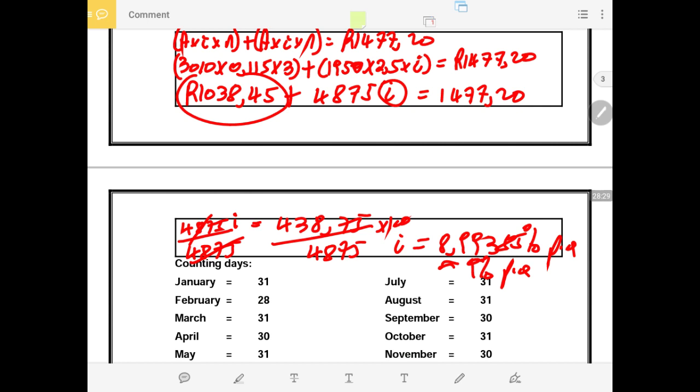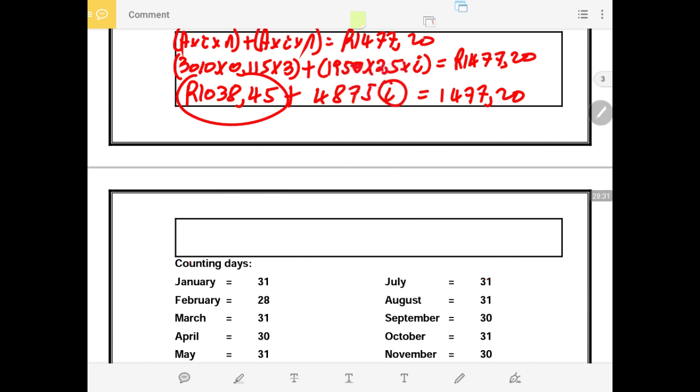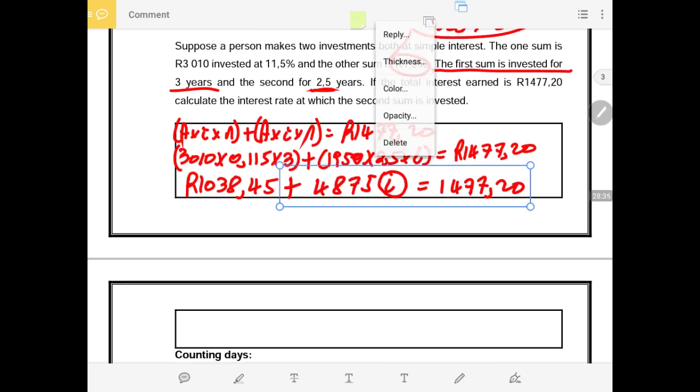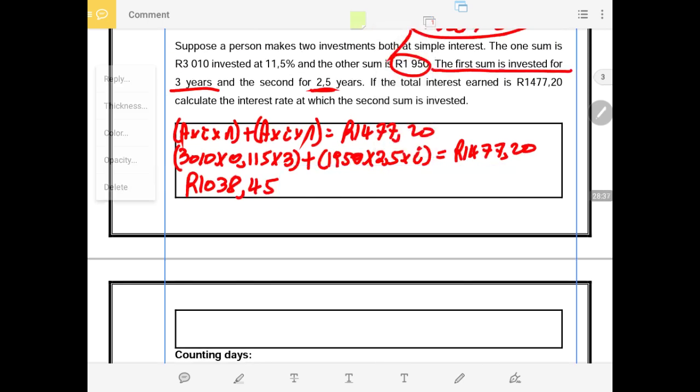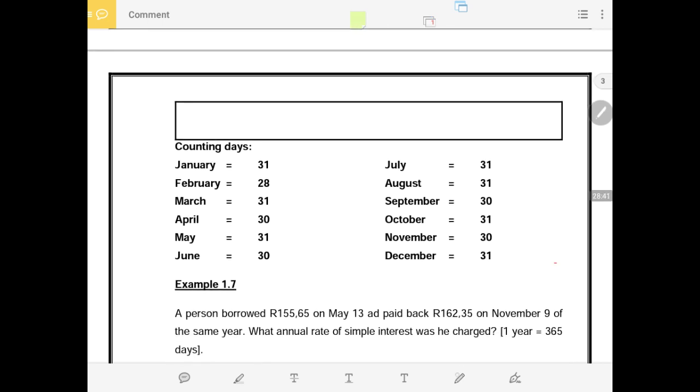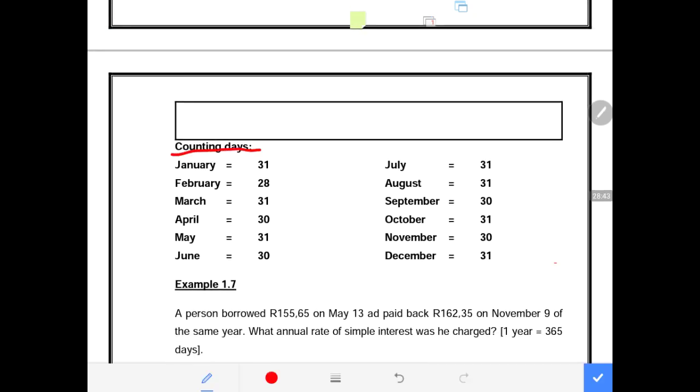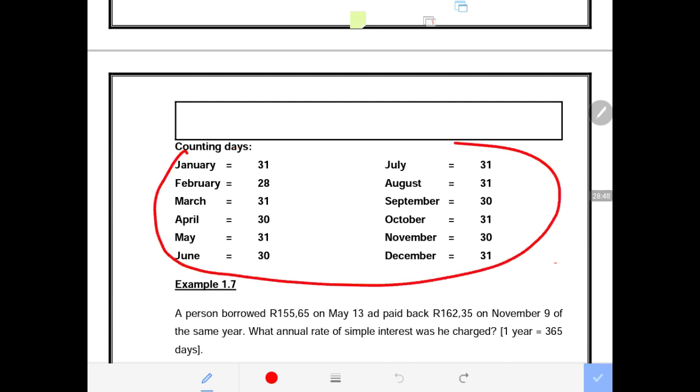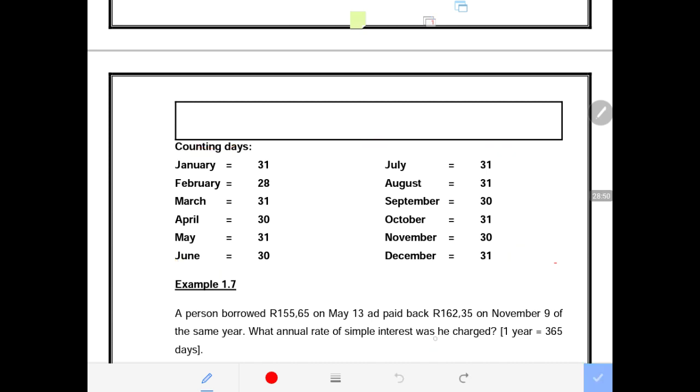Now we are looking at the next scenario that we are provided. The next scenario is more detailed and is preparing us for the next question. It says counting days. We are given the number of days in a period of a year from January until December, in a year that we don't know yet, but we're given the number of days.